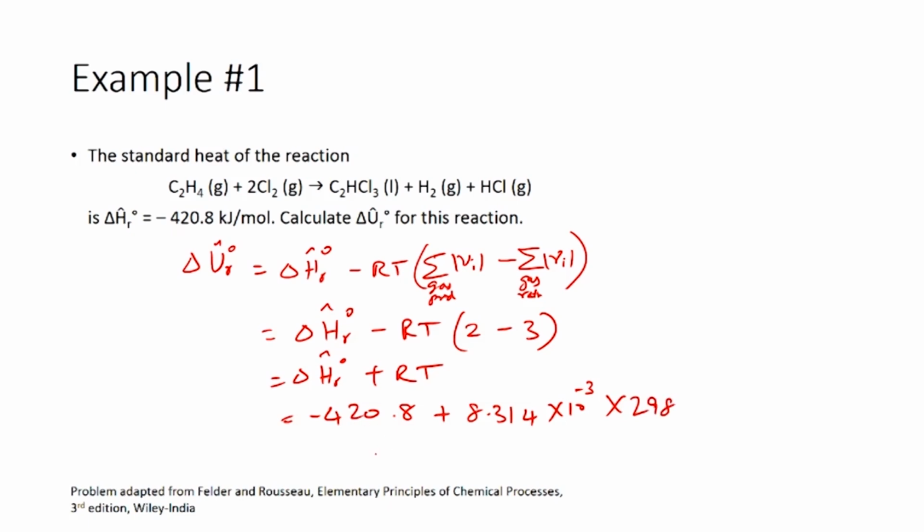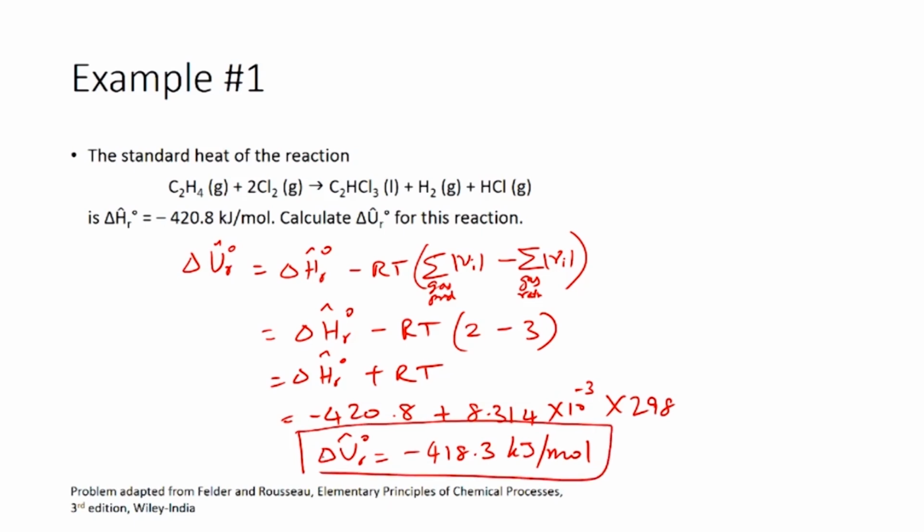Using this we can calculate the standard internal energy change for this reaction as minus 418.3 kilojoules per mole. This is how you would calculate the change in internal energy for a reaction, and this value delta U_R cap would have to be used for reactive processes happening in closed systems at constant volume.